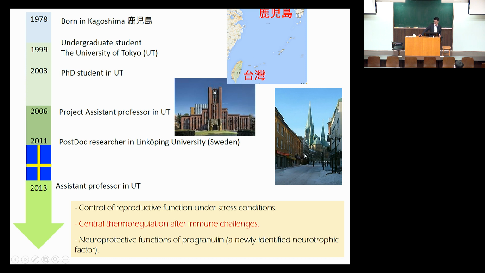It was very different from my hometown or from Taiwan. It's a very cold country. Many parts of today's talk are collaboration with the Sweden group, and I'm now working at the University of Tokyo as an assistant professor.